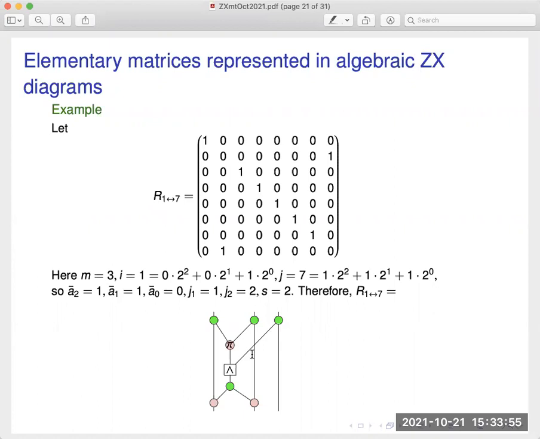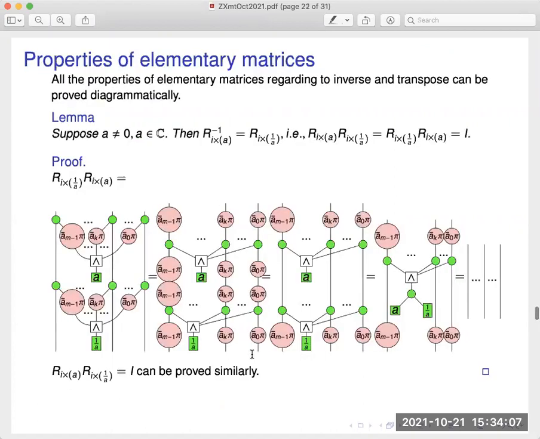Right? Okay, so that's how you represent all types of elementary matrices of size a power of 2 in string diagrams. Now, how do we know this representation is good, at least?